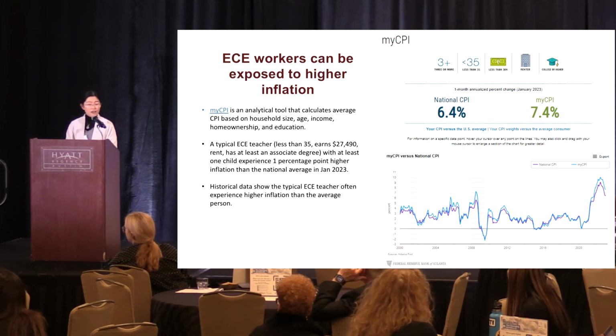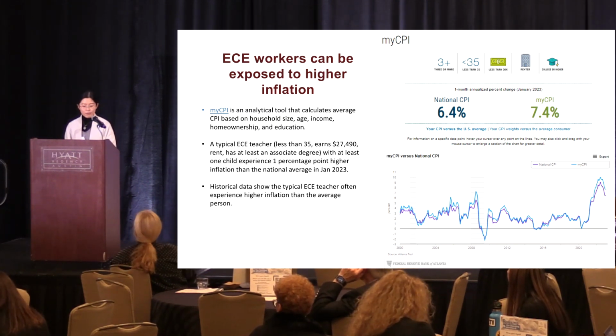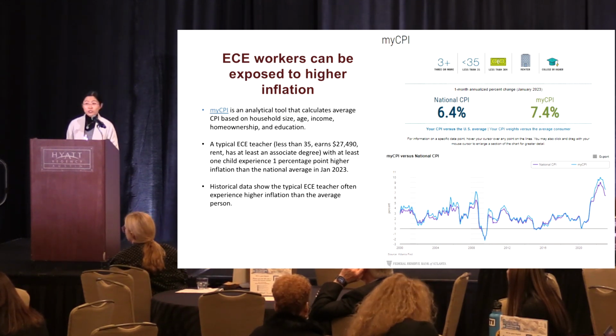So they have 7.4 rather than 6.4, which is 1 percentage point higher inflation than the average American. And if you look at the trend below, historically, their personal inflation has been higher than the national average, especially when inflations are high.